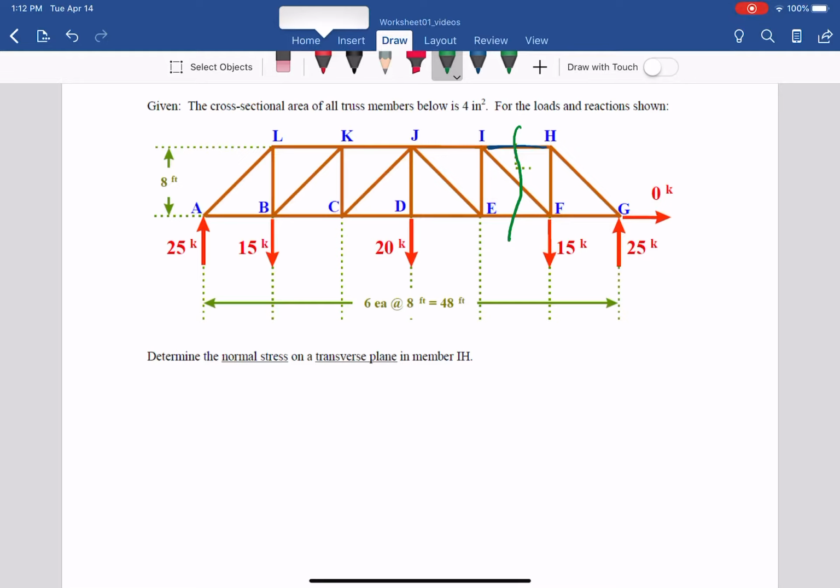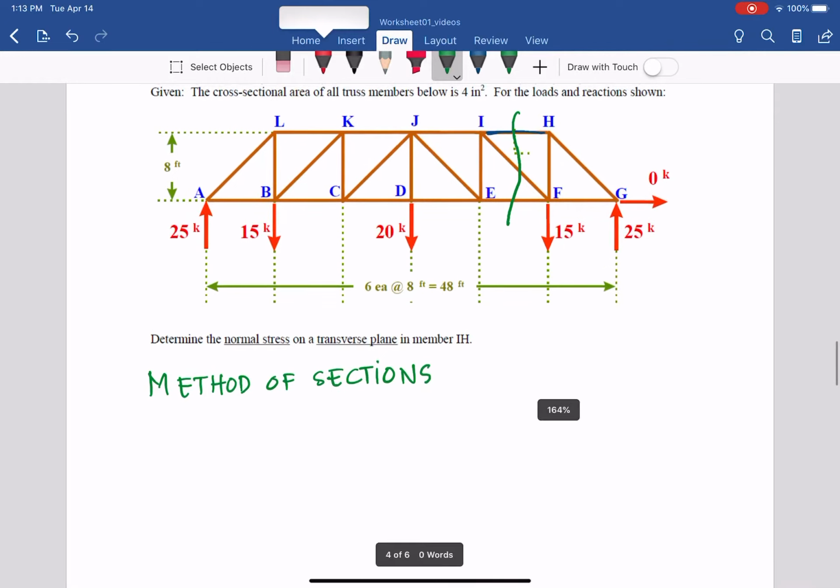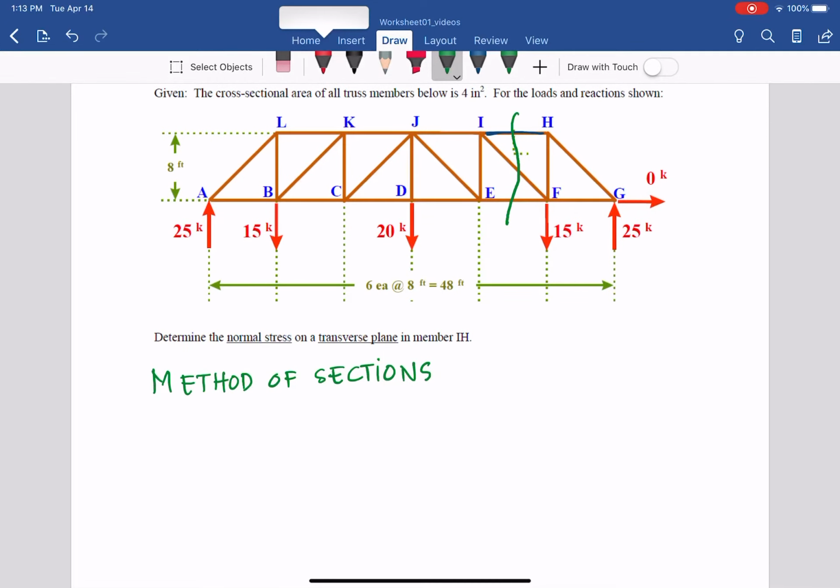So with that, we have the method of sections for the truss, and here we draw the free body diagram for the right side. So we have HI, we have HF, we have EF, HG, and FG.